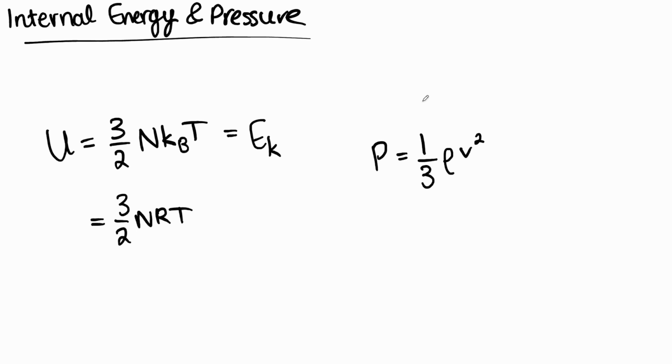Then we've got pressure is 1/3 rho v squared, where rho is the density of the gas and v squared is the speed of the gas squared. The 1/3 comes from having 3 possible directions or axes that the particles could go through and hit the container. And other than that, you just need to know how to use these equations.